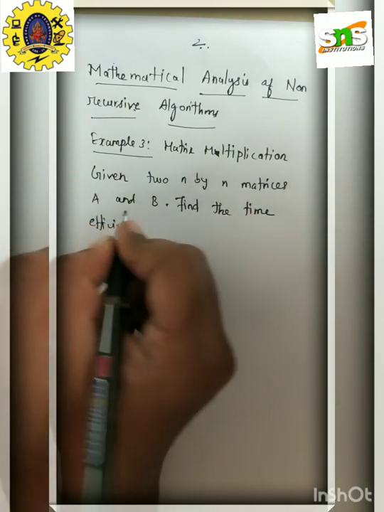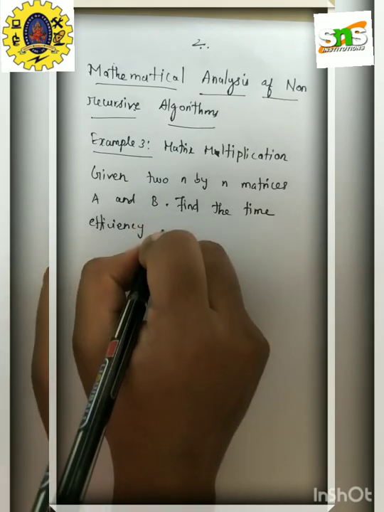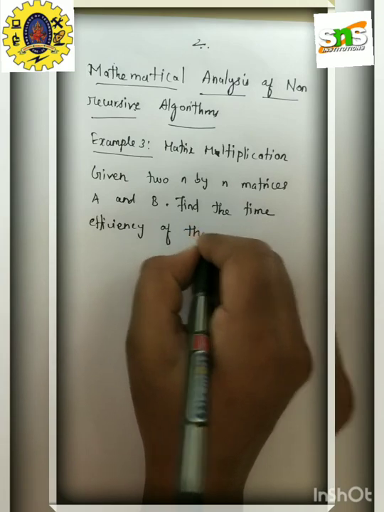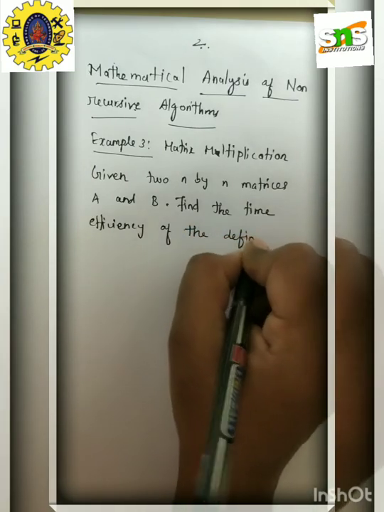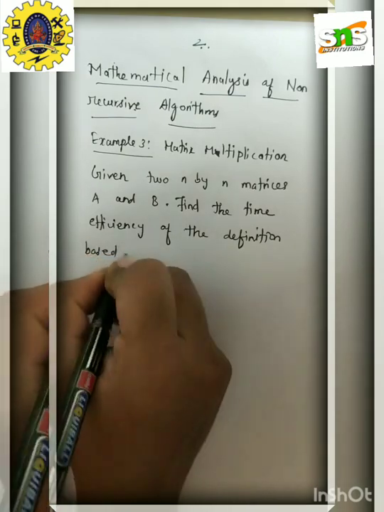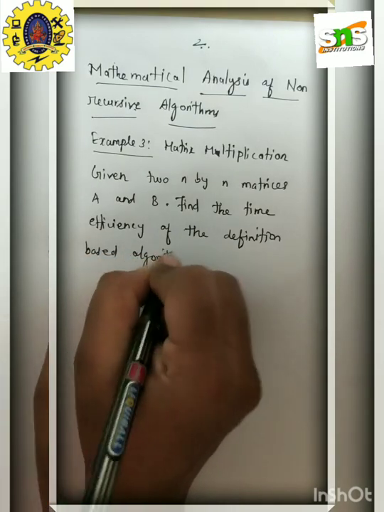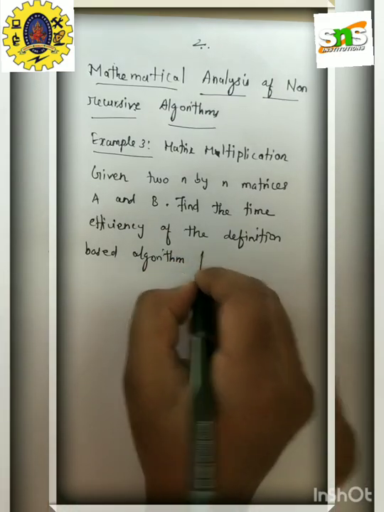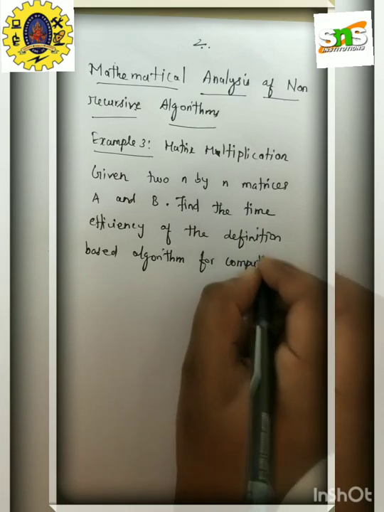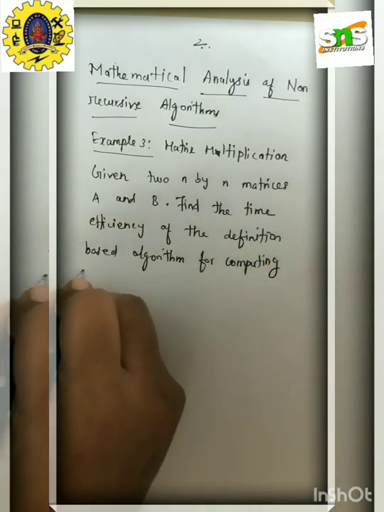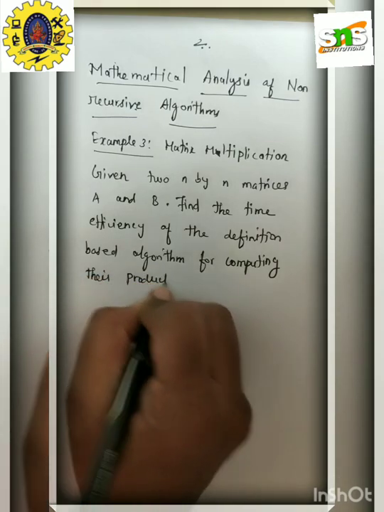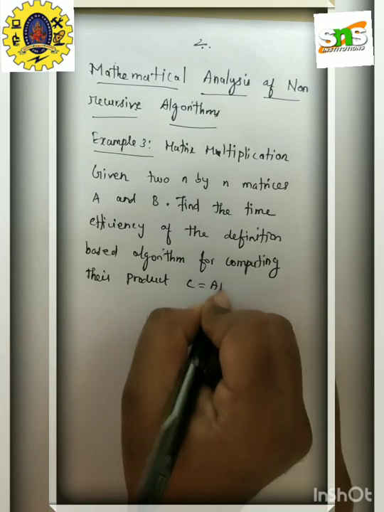You are aware of matrix multiplication, addition, etc. Time efficiency of the definition based algorithm for computing their product C equal to AB.